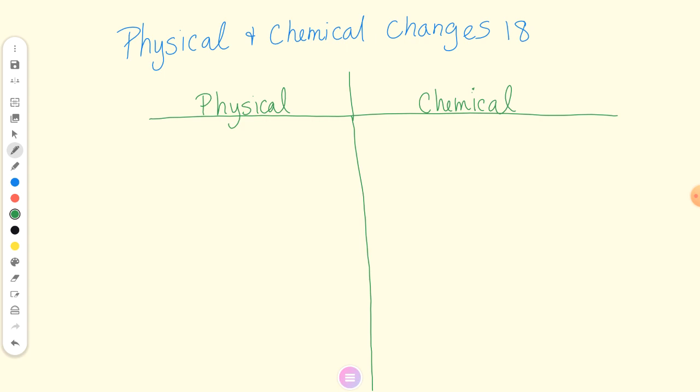We'll start with that one. The main difference between a physical and a chemical change. Elise? A physical change, you can see if it changes, and a chemical change, you can smell if it changes. Okay, that is true, but that's not the main difference between them. Who remembers the main difference between a physical and a chemical?